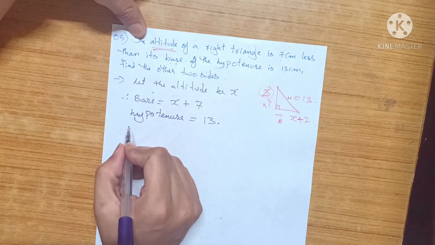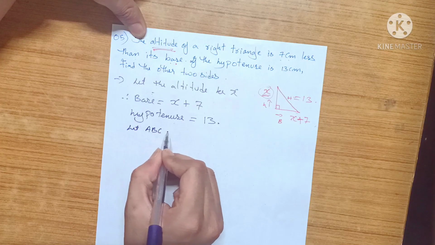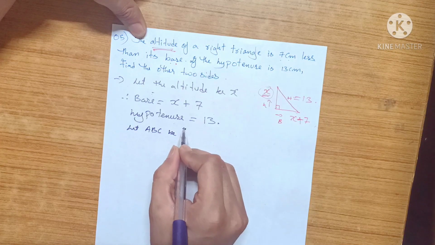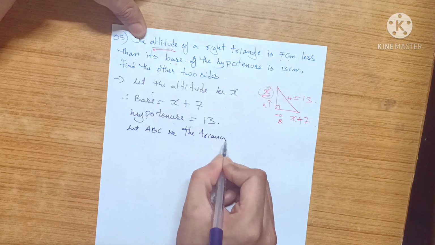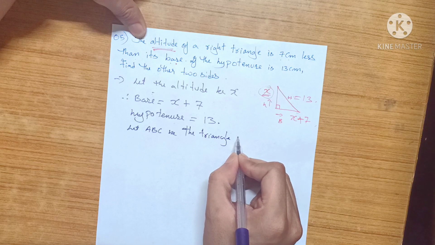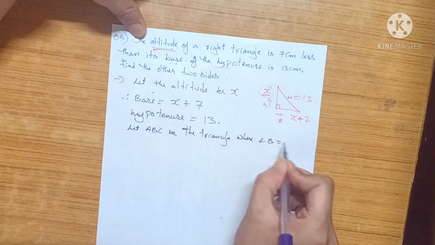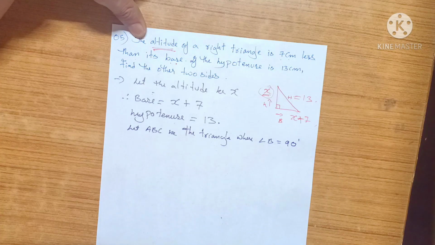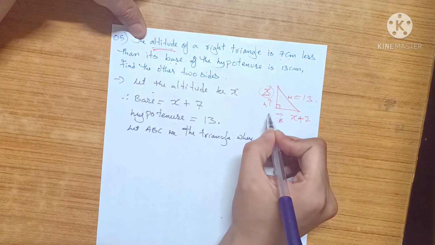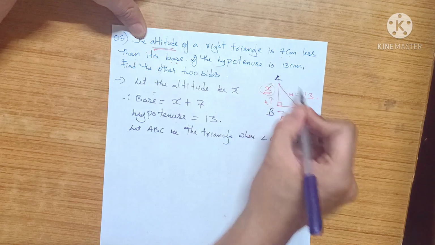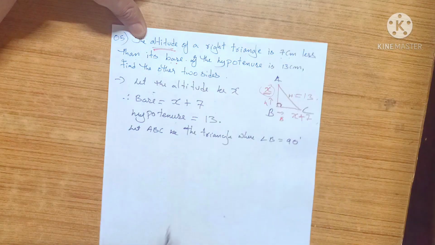Okay, let ABC be the triangle where angle B equals 90 degrees, because it's a right angle triangle. Then automatically, when angle B is 90 degrees, we're getting triangle ABC. Taking the triangle as when angle B is 90 degrees, automatically AC will become the hypotenuse.